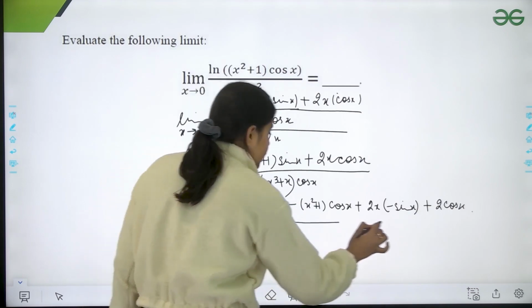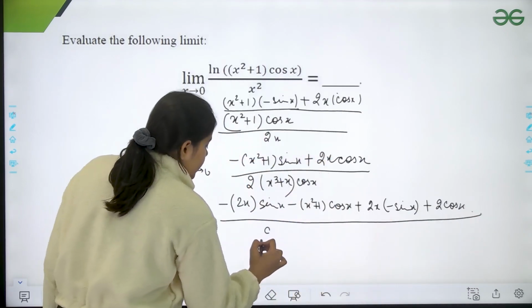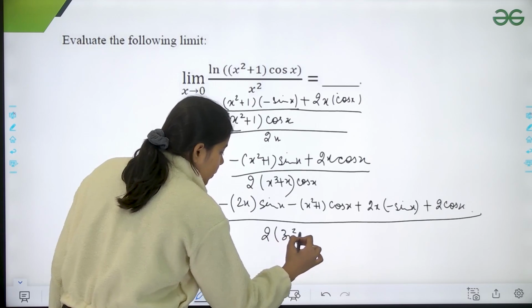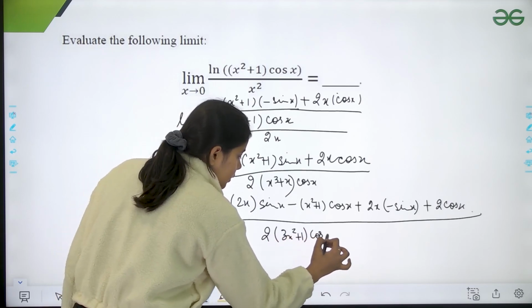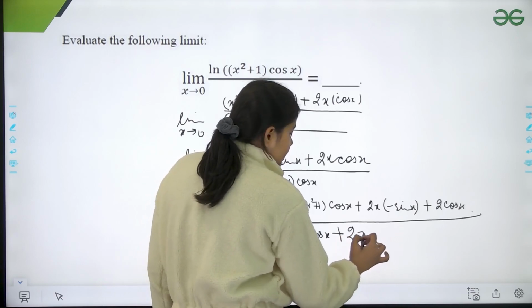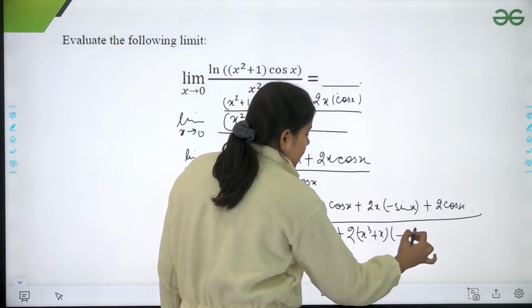Let's differentiate the denominator as well. 2 as it is, the differentiation of x cube plus x is 3x square plus 1, cos x, plus 2 as it is, x cube plus x as it is, the differentiation of cos x is minus sin x.